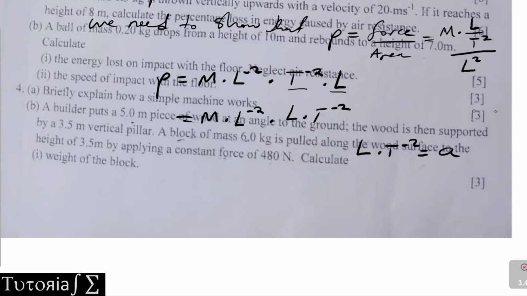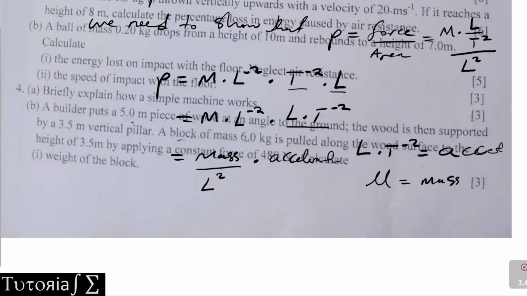Then we know that capital M is equal to mass. Acceleration and mass. So this can be written as mass. The L to the power negative 2 can be brought down, so it just becomes positive 2, and this becomes acceleration. Okay, and L squared is equal to area.